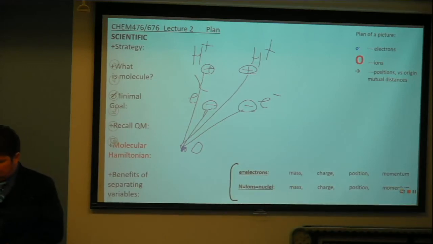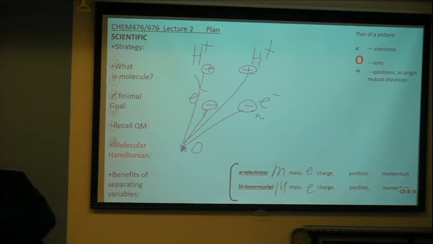So let me write down things. For electrons, there is a small mass. For nuclei, there is a big mass. The charge is the same, the elementary charge. And the position, we can call it, for electrons, r1 vector, r2 vector, lowercase.